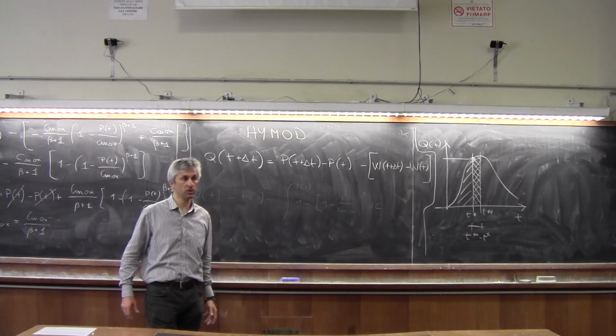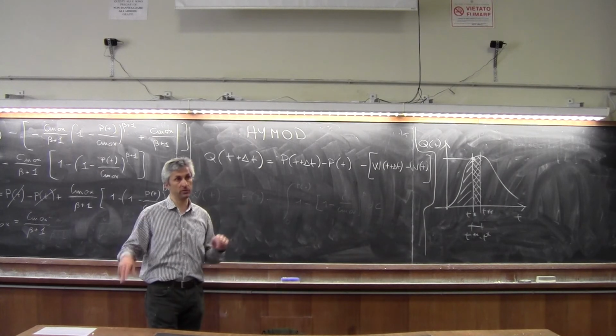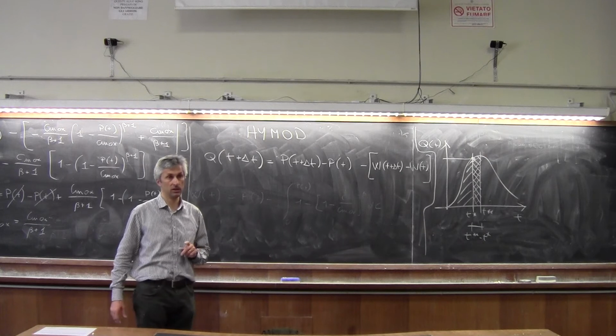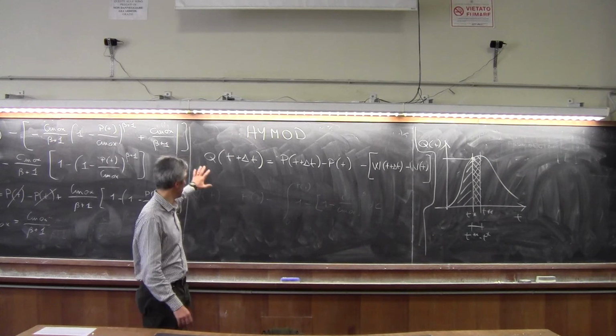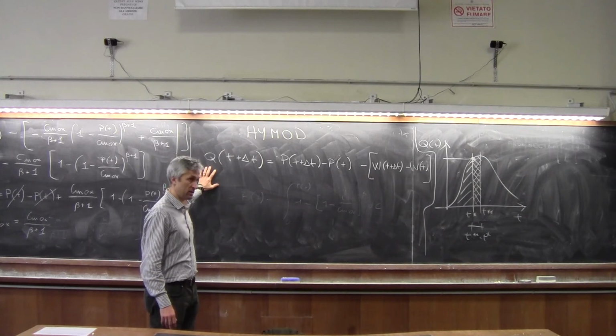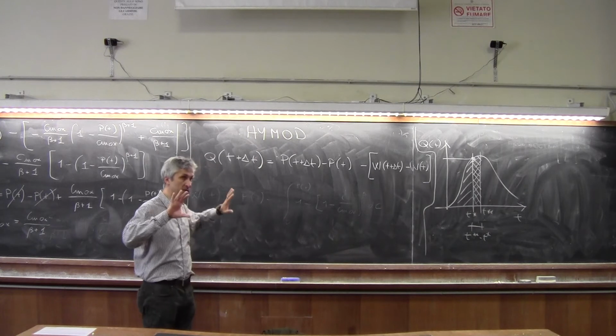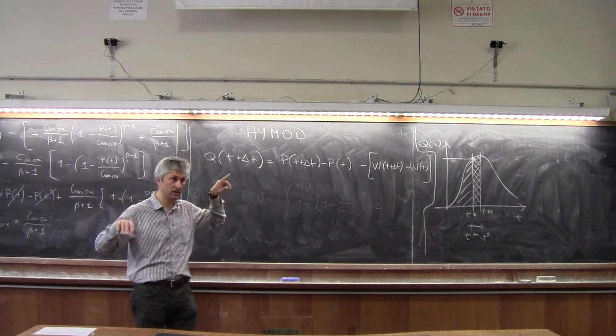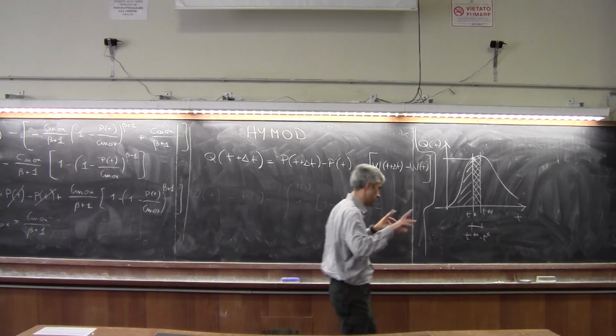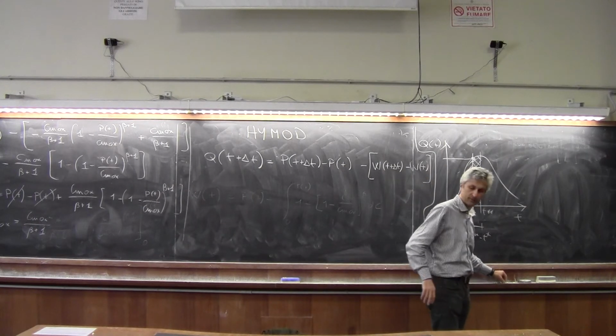So basically the model adopts a very simple way of transferring it. First of all, it assumes that the instantaneous runoff is split in two parts through a parameter alpha, which is included between 0 and 1.